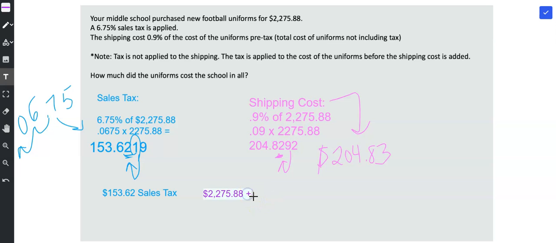And we have the original price. Then we add the sales tax, which was $153.62. And then we add to that the shipping cost, $204.83. And then we add those 3 numbers together.